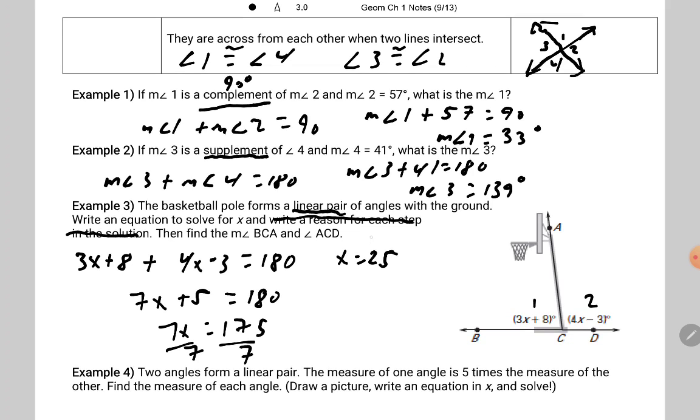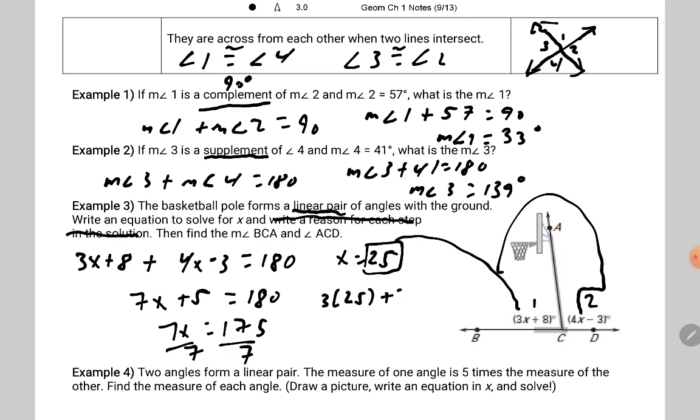Okay, now I know what x is. I'm now going to plug it into here. And there. So 3 times 25 plus 8 is our measure of angle BCA. So we get 75 plus 8, which is 83 degrees.